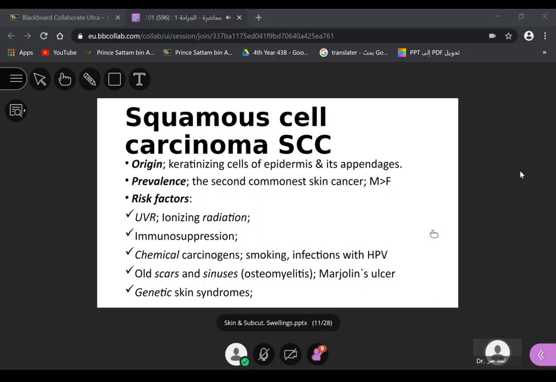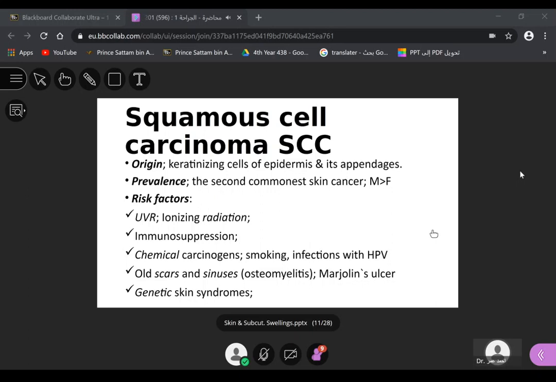They will be predisposed to squamous cell carcinoma. Also patients who receive chemotherapy can develop it, because the immune system has an important role in prevention of skin cancer. When immunity decreases, the patient will be predisposed to skin cancer in general, particularly squamous cell carcinoma.